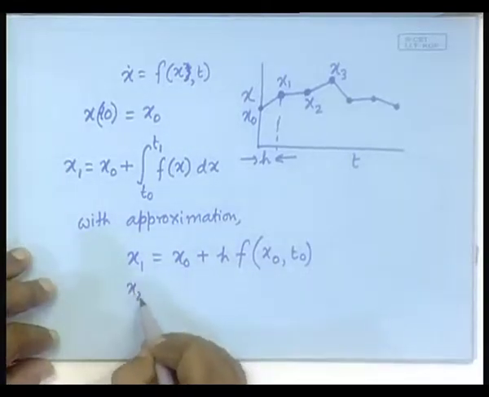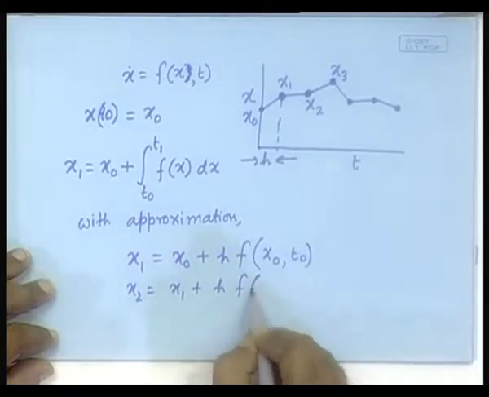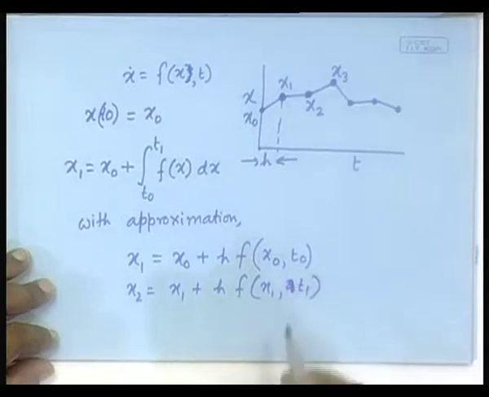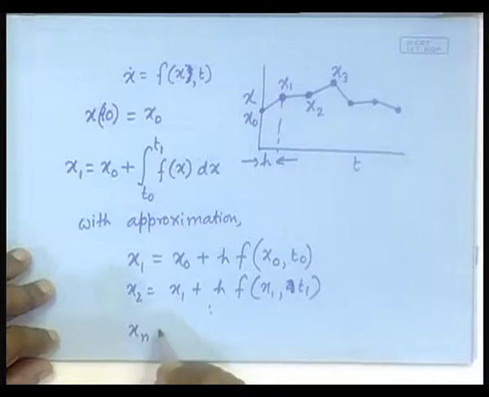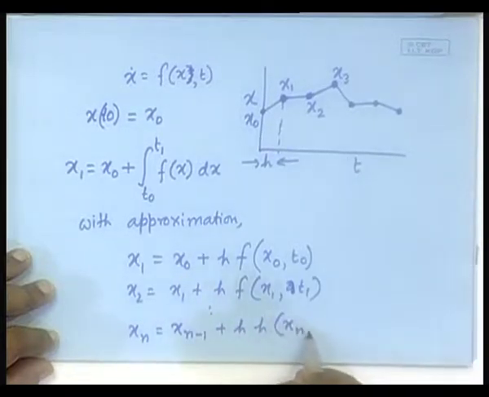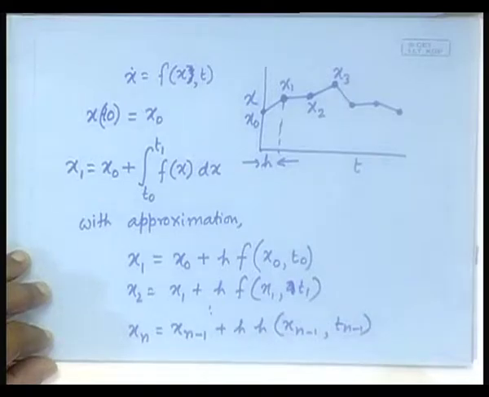Similarly, x 2 is equal to x 1 plus h f of x 1, sorry, t 1, and then you continue this. You have x n is equal to x n minus 1 plus h times f of x n minus 1, t n minus 1. Sir, in the integral you have written dx. Oops.